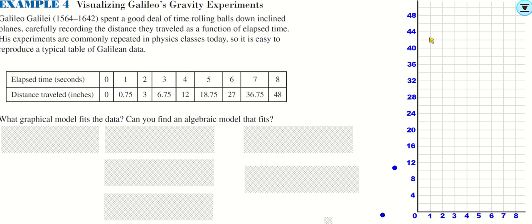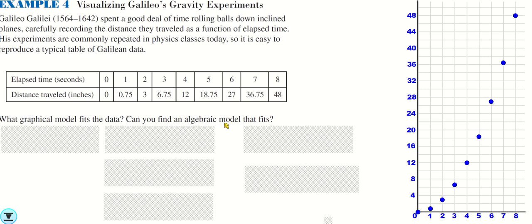Once you have your horizontal and vertical axes scaled and labeled, now you can plot all these points: 0, 0. Then 1, 0.75, or 75 hundredths. 2, 3. 3, 6.75. Basically, it'll end up looking something like this.